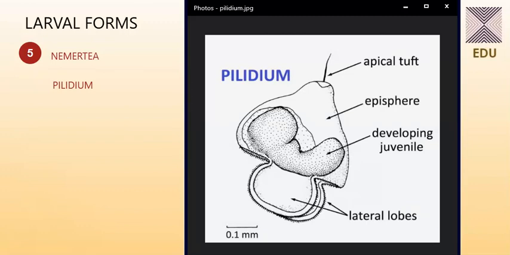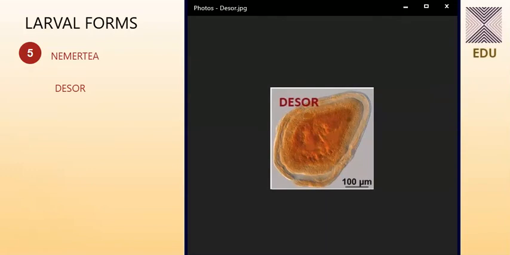Now students, we have the second form inside the Nemertea group, and this is called the desor larva. According to recent findings, the desor larva is thought to have evolved from a pelagic pilidium larval form. So the desor larva is a modification of the pilidium larva.